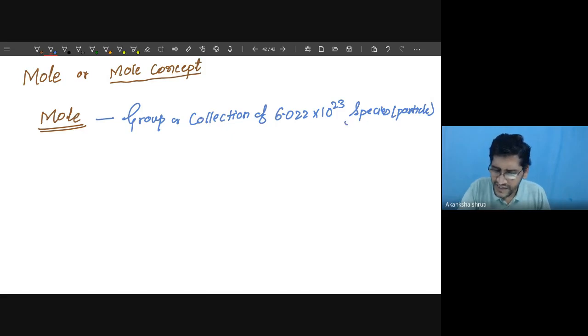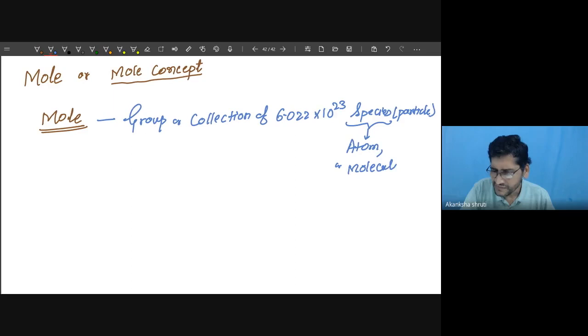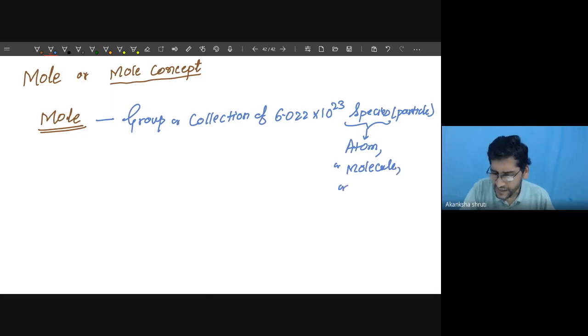Now this species may be an atom. If it is an atom, then we can write 1 mole of atoms, or it may be a molecule, or it may be an ion, even it could be an electron, proton, or anything.